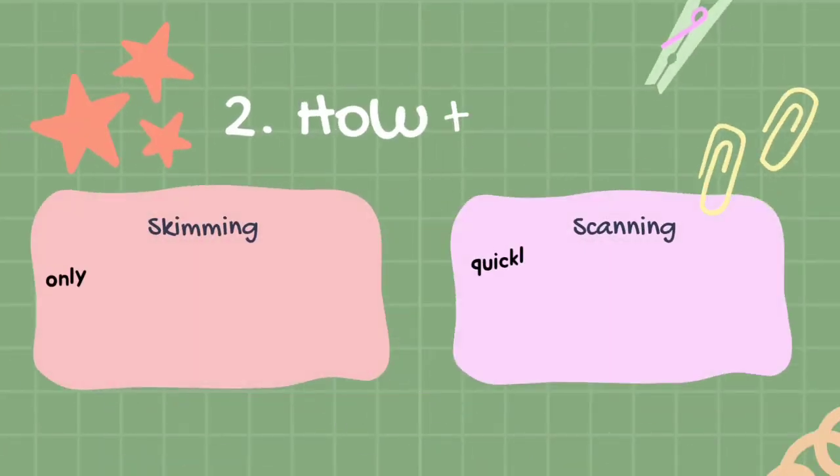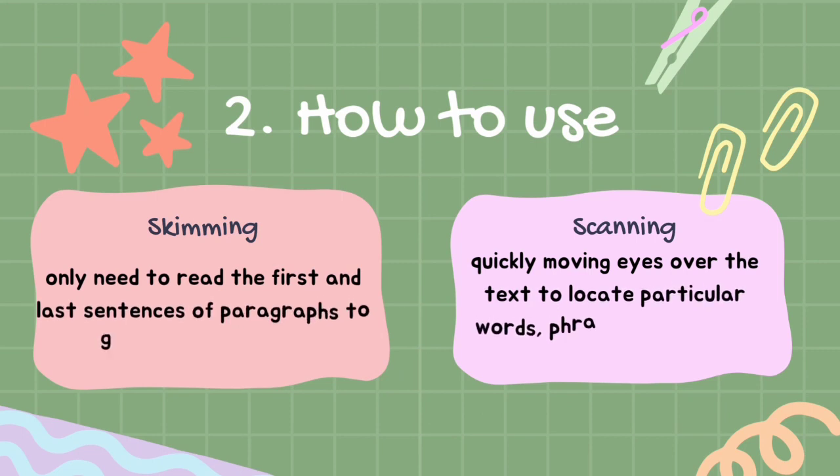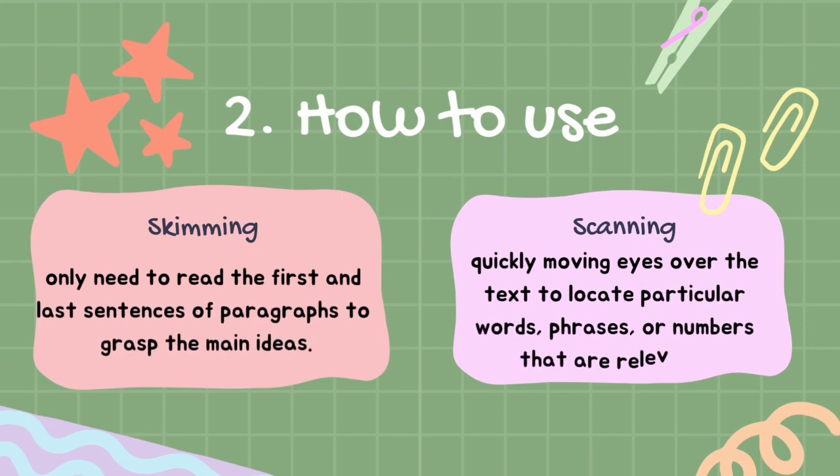The next one is how to use. How to use skimming and scanning in reading is obviously different. If we want to use skimming, we only need to read the first and last sentences of a paragraph to grasp the main ideas. So if we want to get the main idea, we only need to read the first and the last paragraph.